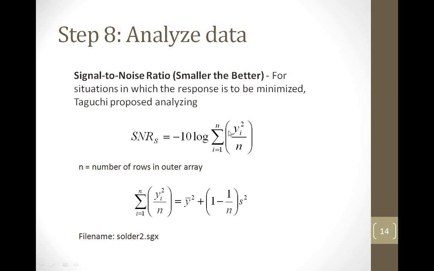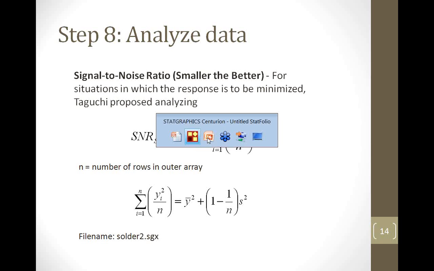However, Taguchi wanted always to maximize his signal-to-noise ratios. So you can see a negative 10 times the log of that out front. The reason for the negative sign is because you then want to go ahead and maximize the signal-to-noise ratio. Maximizing the signal-to-noise ratio would minimize the number of defects.